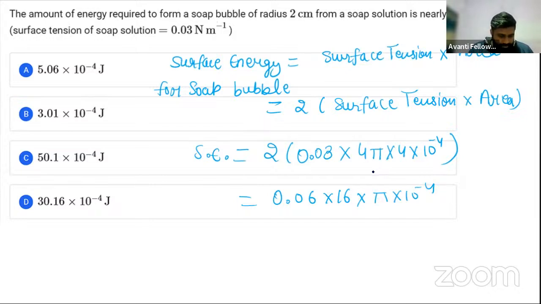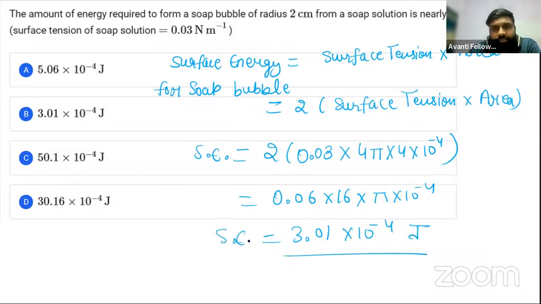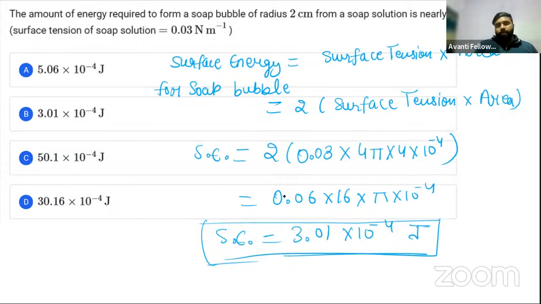Now 0.06 multiplied by 16 multiplied by pi, so you have 3.01 into 10 raised to the power minus 4 joule. So that much amount of surface energy you will require to form a soap bubble of radius 2 centimeter.